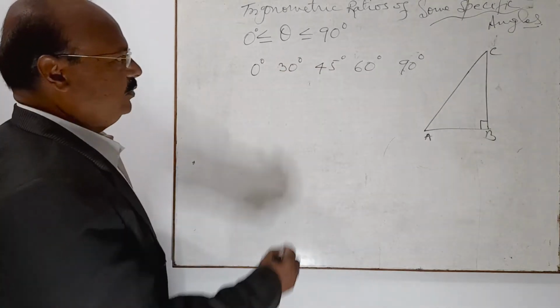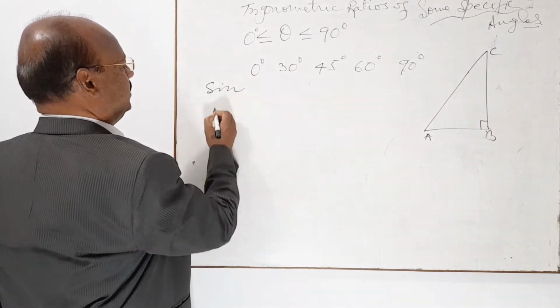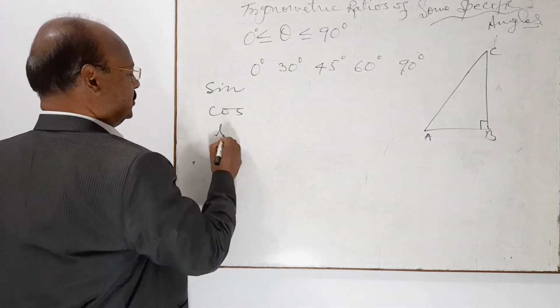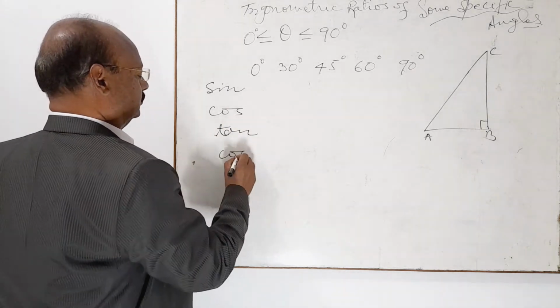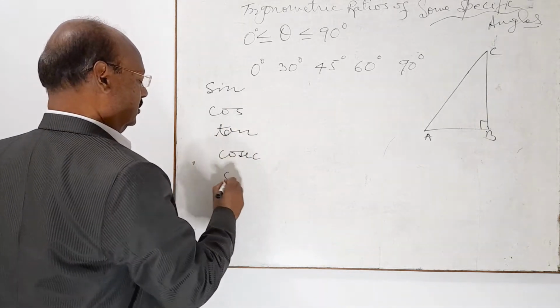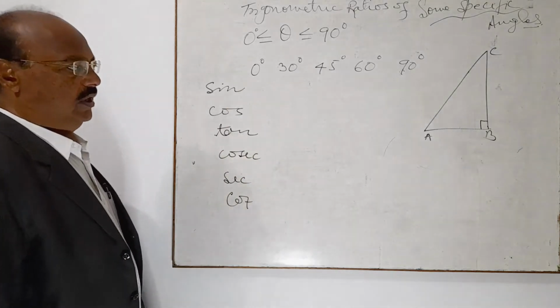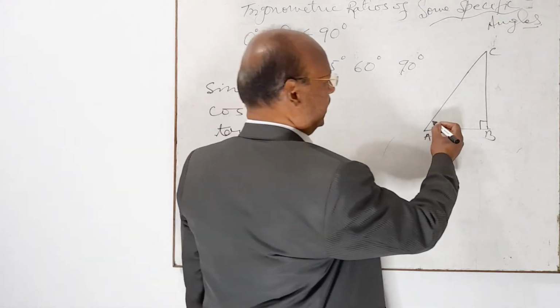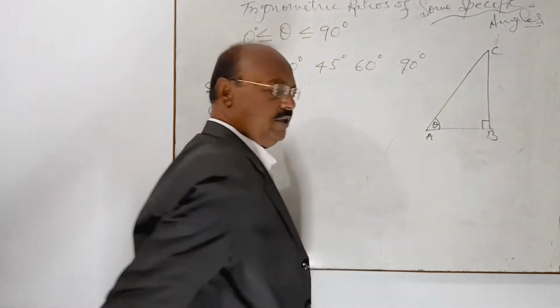And you know, trigonometric ratios are sine, cos, tan, cosec, sec and cot. Suppose we consider this angle A and we denote it by theta.